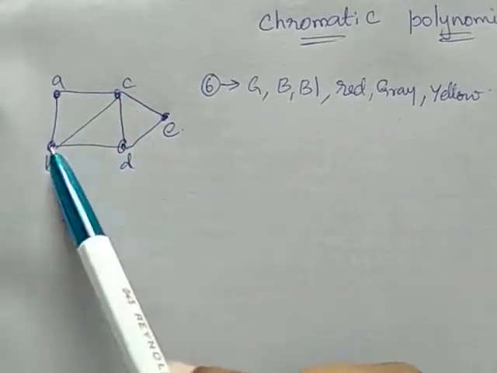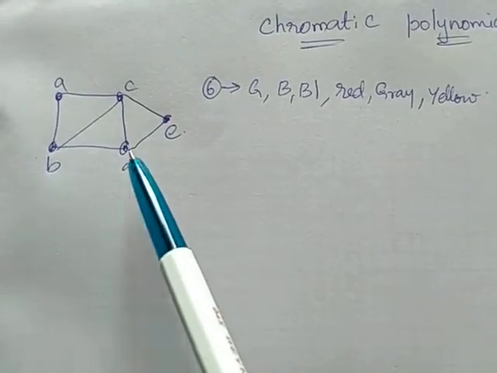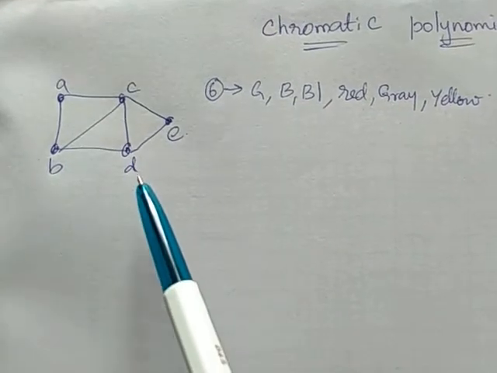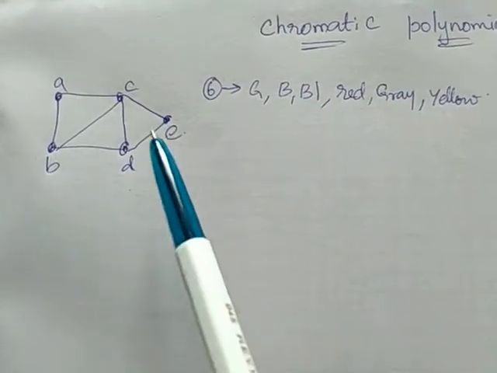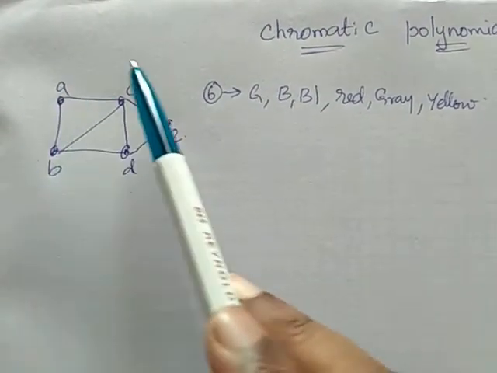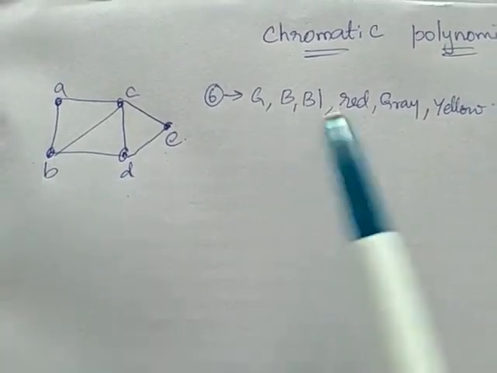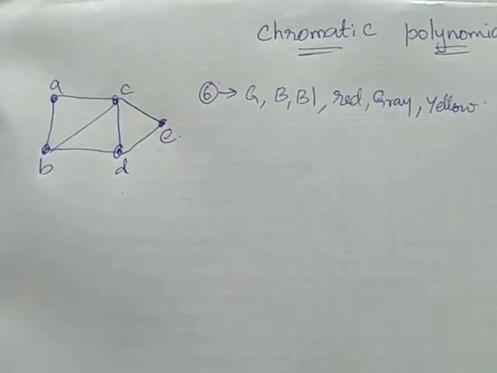These two are adjacent, so I'll choose some other colors, red and black. This is not adjacent to A, so again I'll use blue here. Except blue and yellow, I can choose any other color from this. So in such a way, we can color this graph in many ways, right? We can color a graph using a given number of colors in many ways.